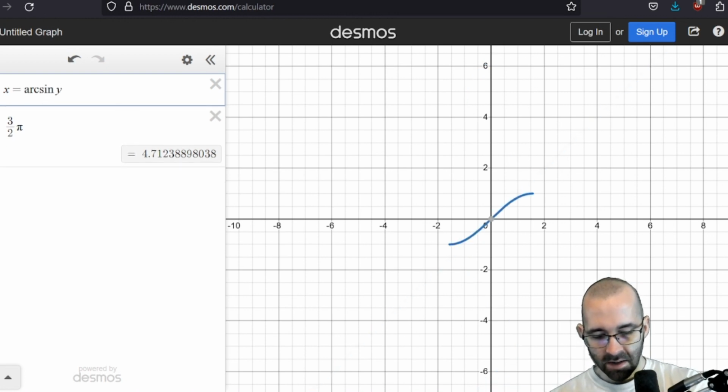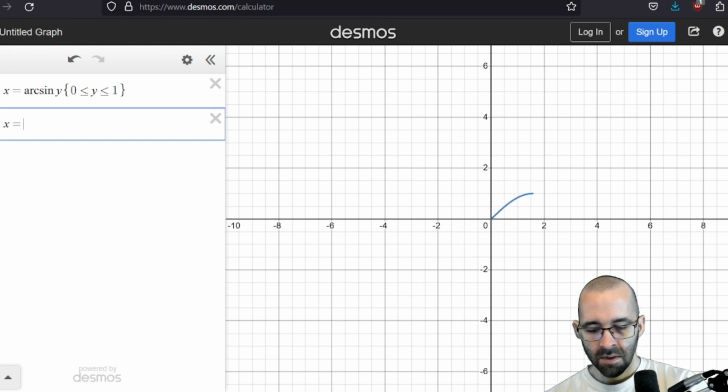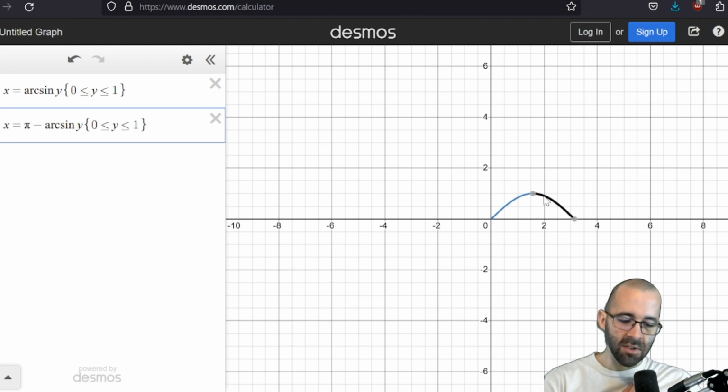Arcsine of y. Yeah, this is fine. Because specifically we want this from y goes from 0 to 1. And then the other one looks like it's going to be pi minus this arcsine of y. And again, from 0 to 1. Great. And that's the region, this area is what we're revolving around the y-axis.